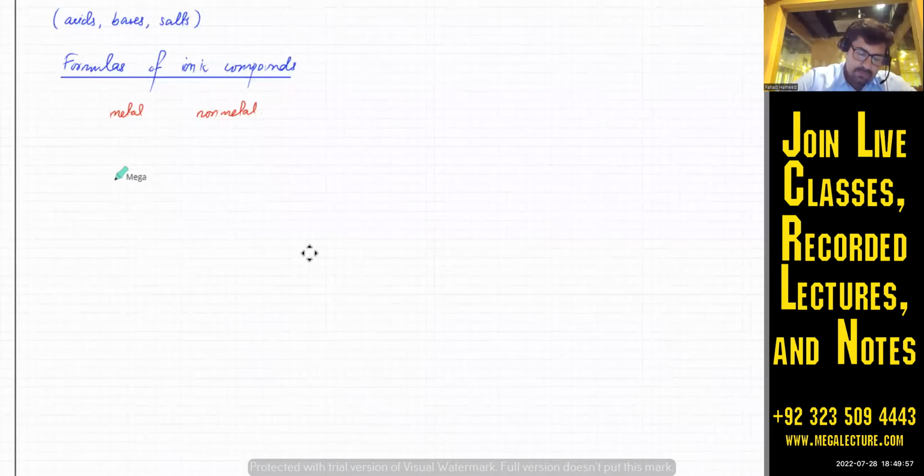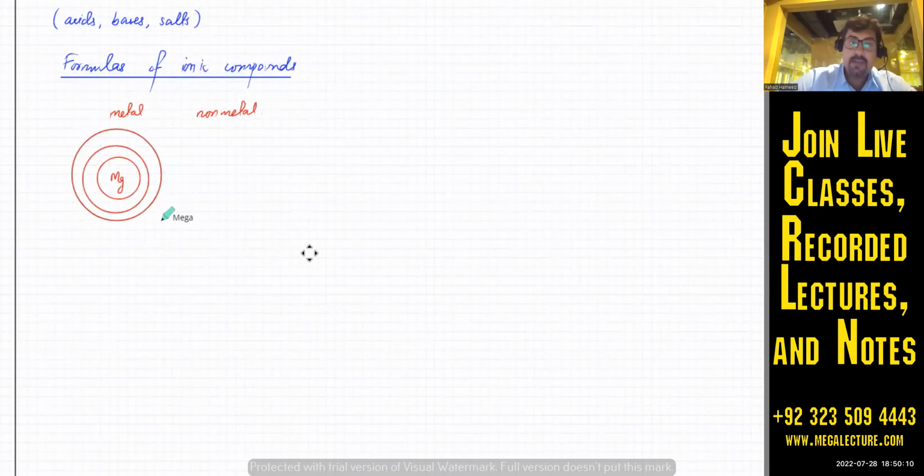That's group 2. This Mg over here has 12 electrons. I've got 2 electrons in the first shell, there would be 8 in the second one, and there would be 2 electrons in the third shell.